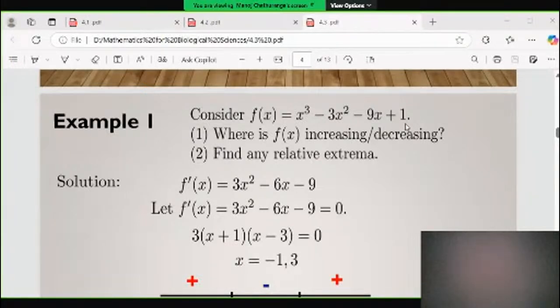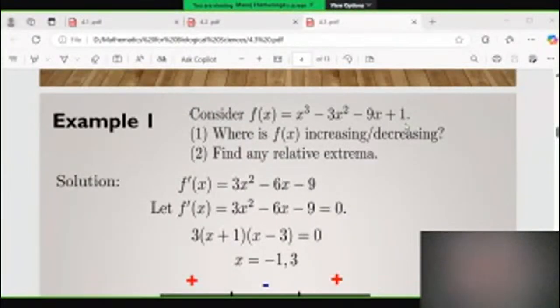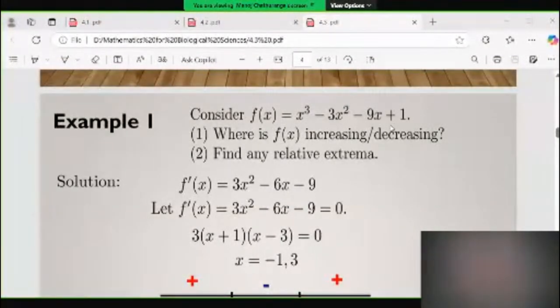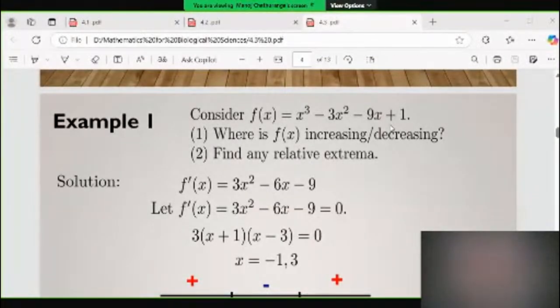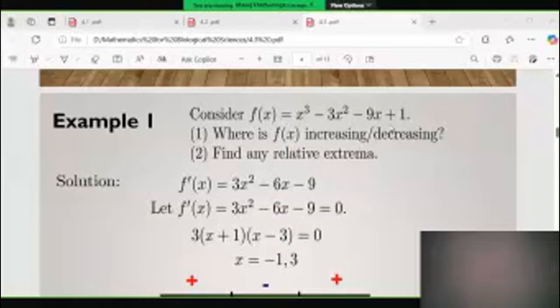But it won't help us to draw graphs of complicated functions like cubic functions and fourth degree functions, because these functions are very complicated. They can have multiple turning points, multiple extreme points.